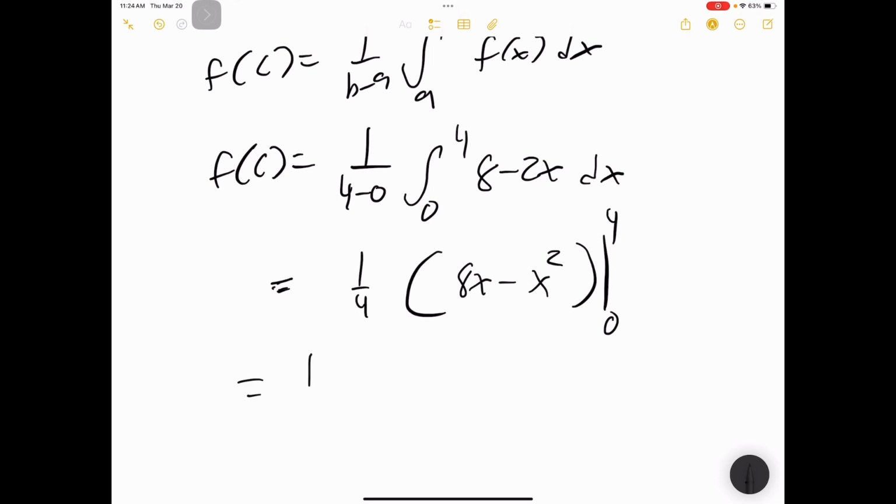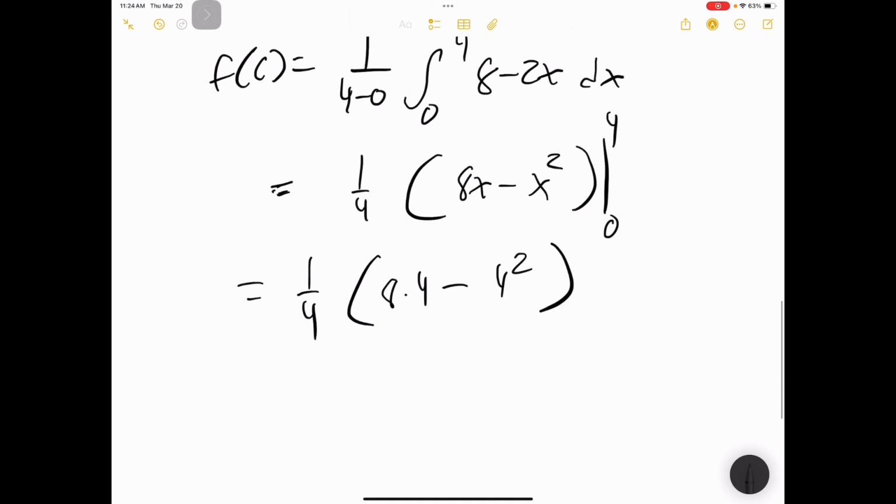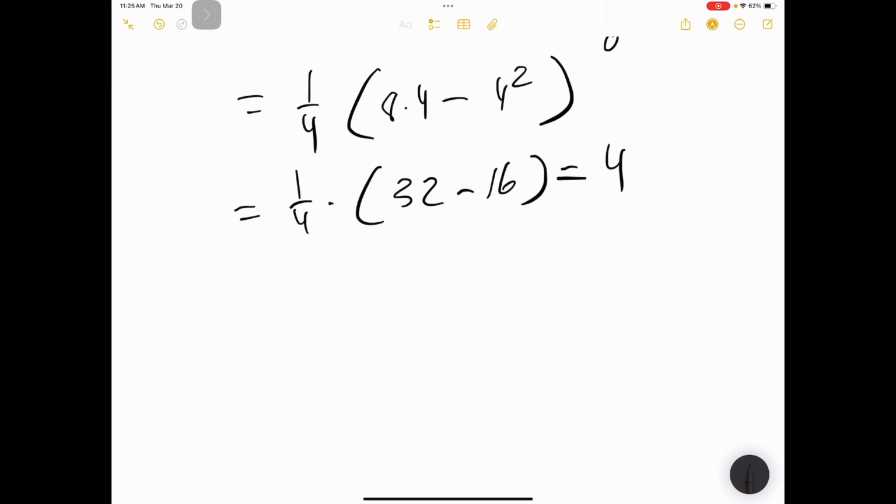And we have 1/4. We plug in our 0, which just gives me 0. That's easy. Plugging in our 4 gives me 8 times 4 minus 4 squared, which is equal to 1/4 times 32 minus 16. 32 minus 16 is 16, divided by 4 is 4. And so we have 4 equals f of c.